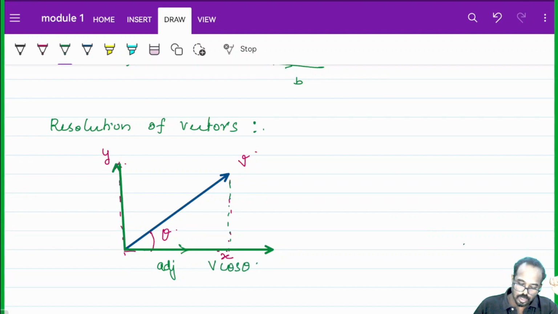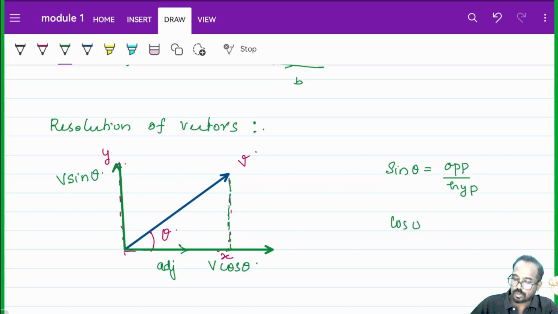Look at this vertical component. The vertical component is equivalent to the opposite side of that triangle, right? So if the vertical component is required, then it will be the V sine theta component. Understood? Why is it so? You know that sine theta is equal to opposite side by hypotenuse, and cos theta is equal to adjacent side by hypotenuse.